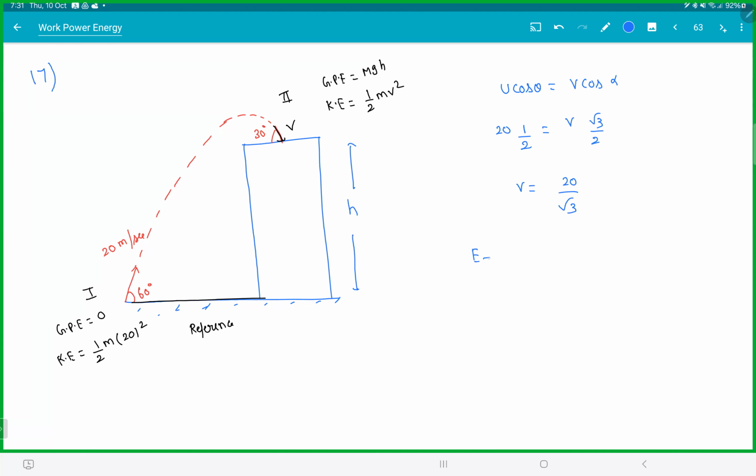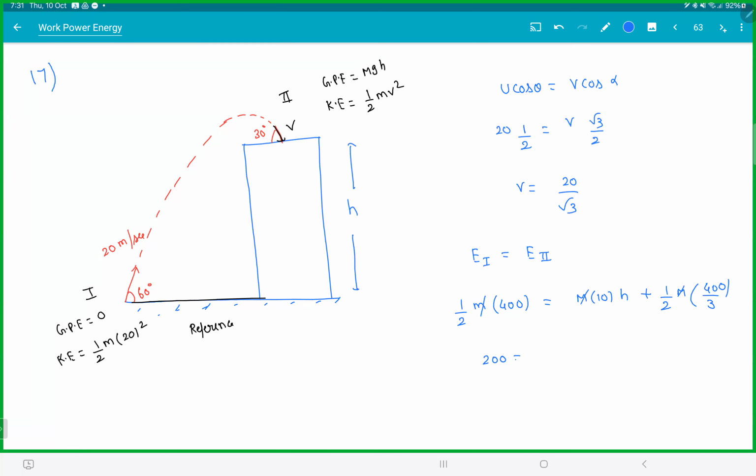Since there are no external forces here, gravity is internal, E1 is equal to E2. Potential energy is 0. Half m 400 is equal to m, g is 10, height h, plus half m times 20 by root 3 squared, so 400 by 3. m cancels everywhere.